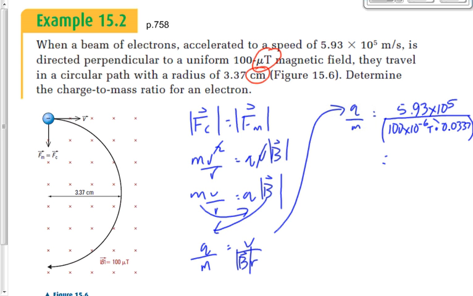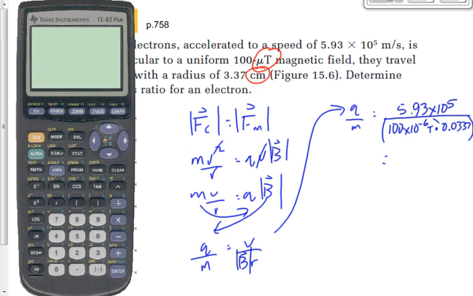Let's do this on the calculator. Let's say 5.93 times 10 to the 5 divided by, let's use some brackets here, 100 times 10 to the minus 6 times 0.0337.